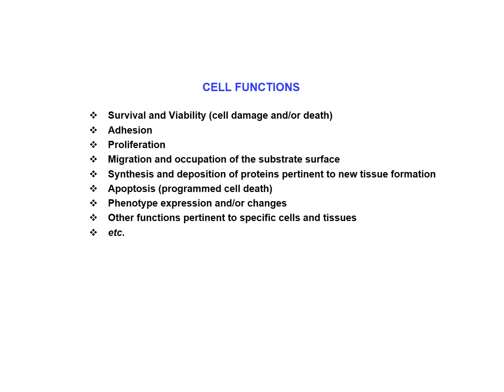Other functions will be adhesion of the cells, proliferation, migration and occupation of the substrate surface, definitely synthesis and deposition of proteins pertinent to new tissue formation. If we're using stem cells, we have phenotype expression and changes, programmed cell death known as apoptosis, and in addition other functions pertinent to specific cells and to specific tissues as needed.